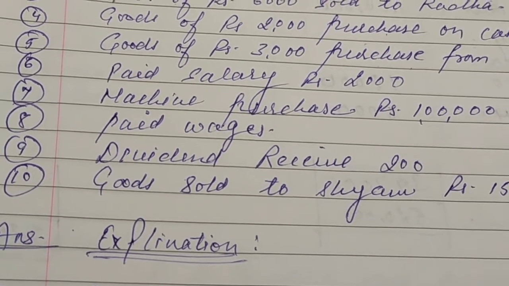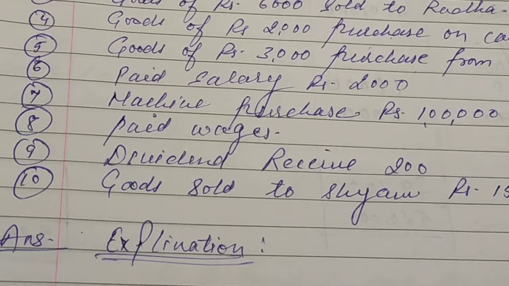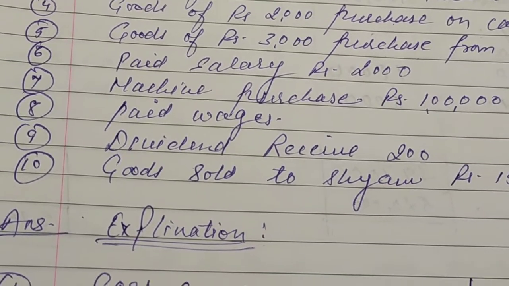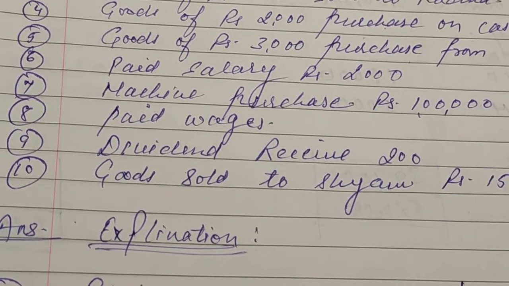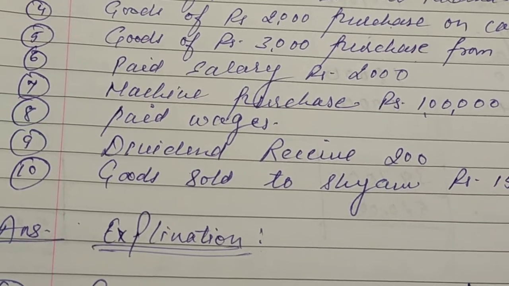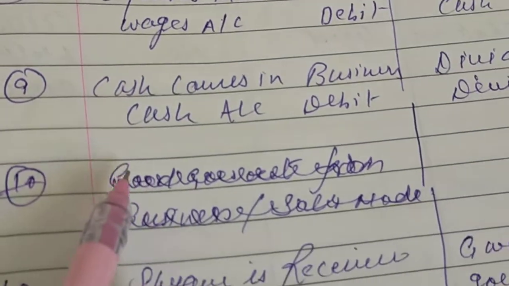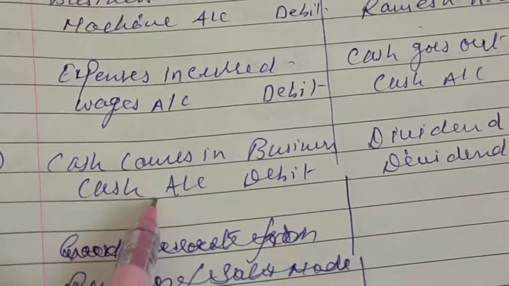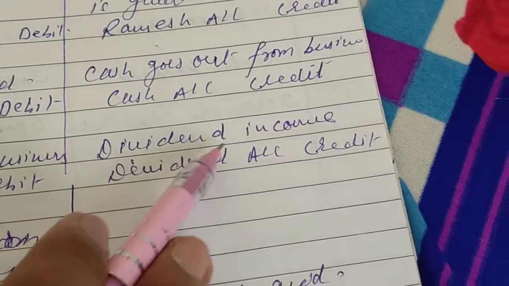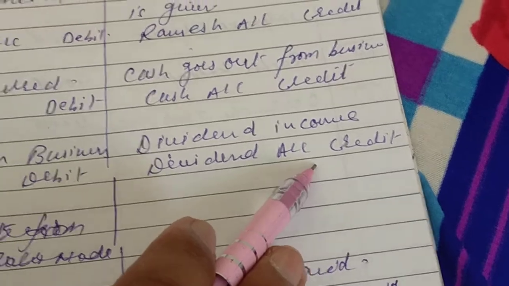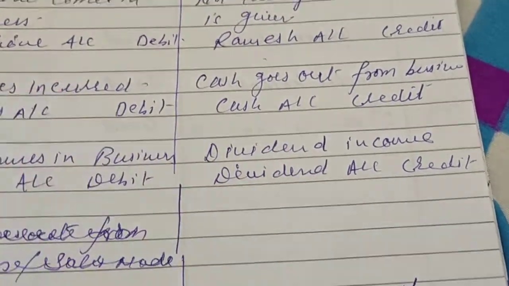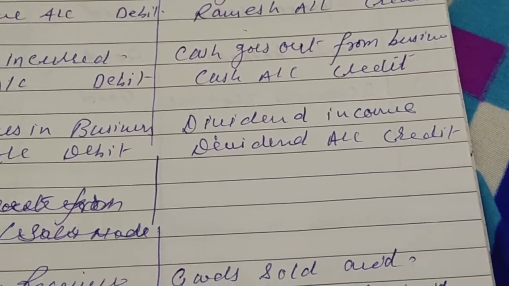In terms of cash, it comes into the business, so cash is coming, so here we will write cash account debit, and income will be credit, the income name being dividend received. So you can see over here cash comes in, so cash account debit, and dividend, it's an income name, then dividend account credit.